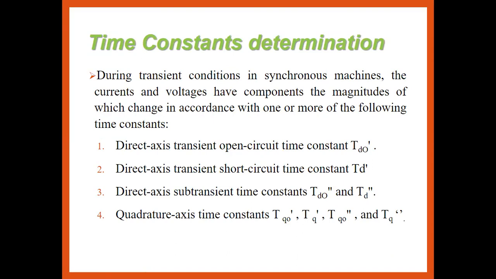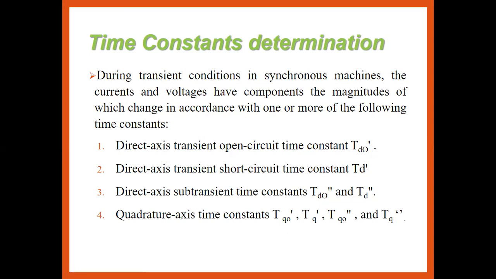The time constant is nothing but the ratio of two terms, with open circuit or short circuit of all the constant parameters of the synchronous machine, which are generally calculated with respect to the direct axis short circuit, or with reference to the direct axis subtransient condition, or the quadrature axis time constant. So there are different time constants in the synchronous machine during the transient or the subtransient condition. We will discuss the determination of the time constants one by one.